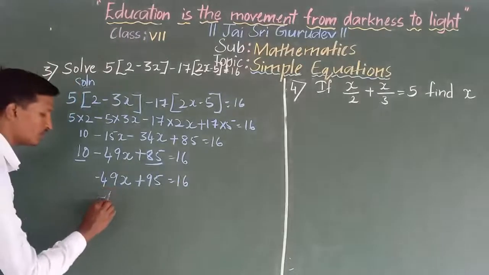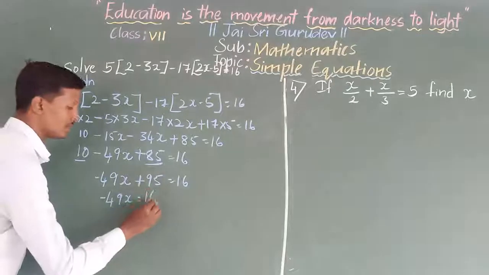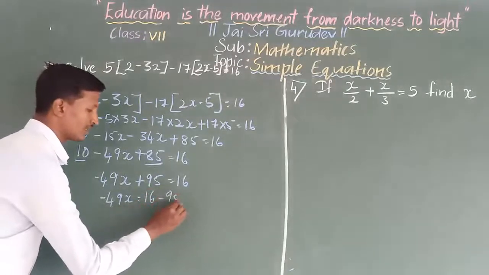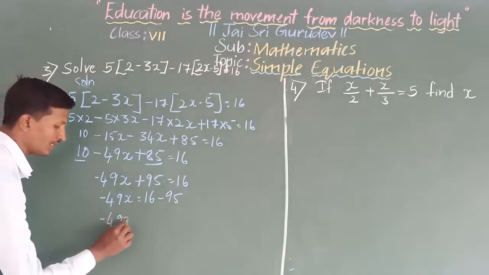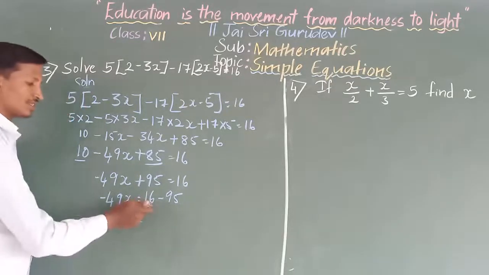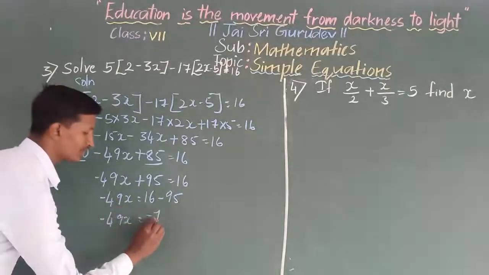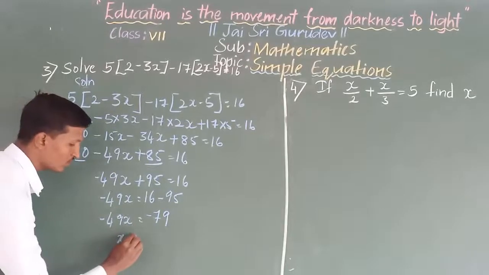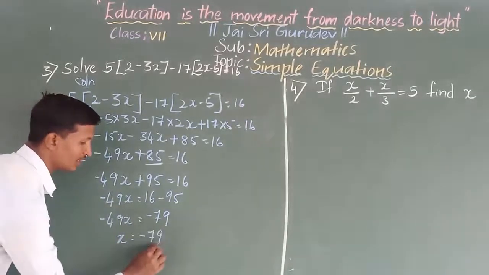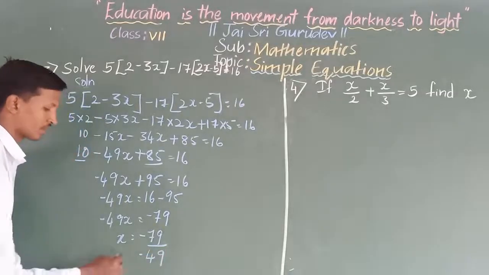Now -49x = 16 - 95, so -49x = -79. Now x = -79/-49.